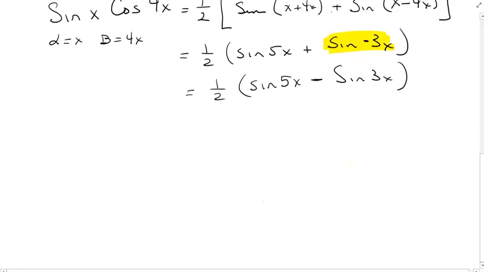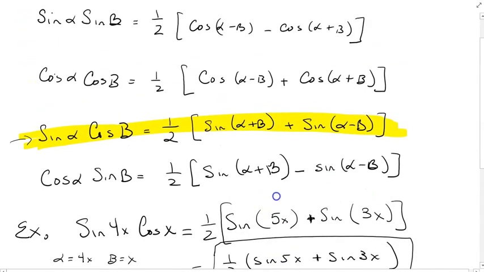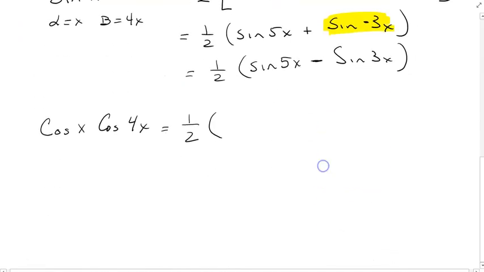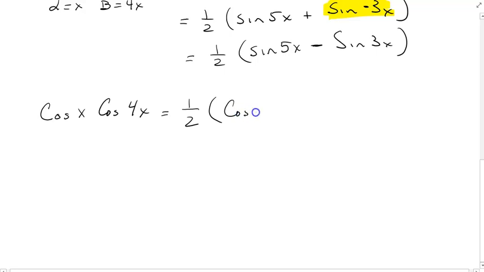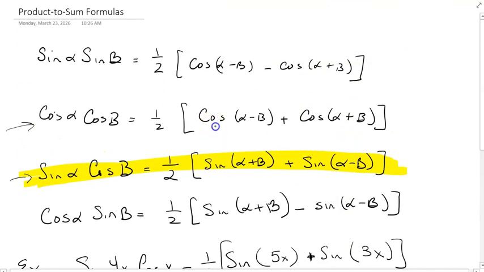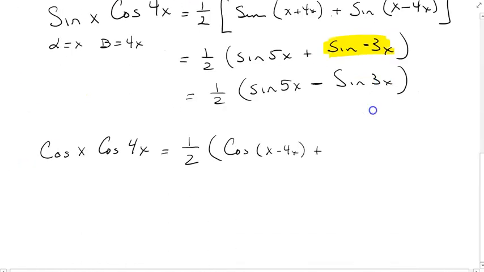So for example, cosine of x times cosine of 4x. So it's this one. Now cosine, it's alpha minus beta, alpha plus beta. So it's cosine alpha minus beta plus, let's double check, cosine alpha minus beta plus cosine alpha plus beta.